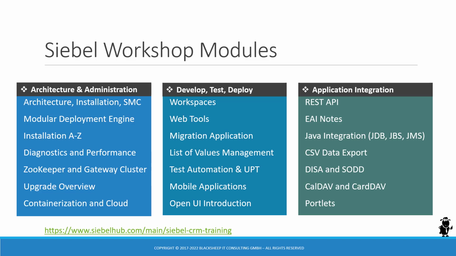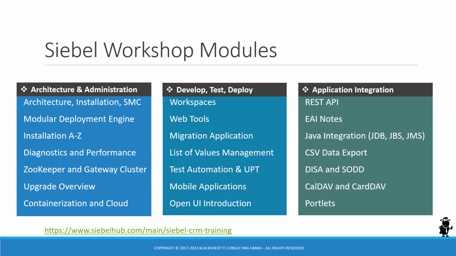We are covering the modular deployment engine. There is a chapter that covers all angles of installing Siebel CRM on Windows and Linux, so A to Z. And there are additional chapters on diagnostics and performance topics, Zookeeper and gateway cluster, upgrade overview, containerization, and cloud.